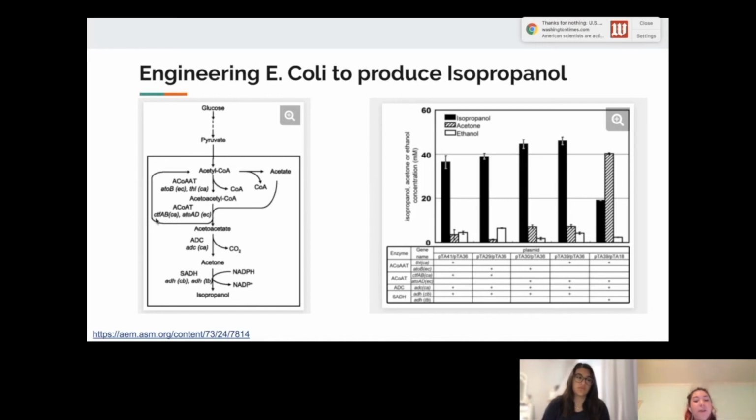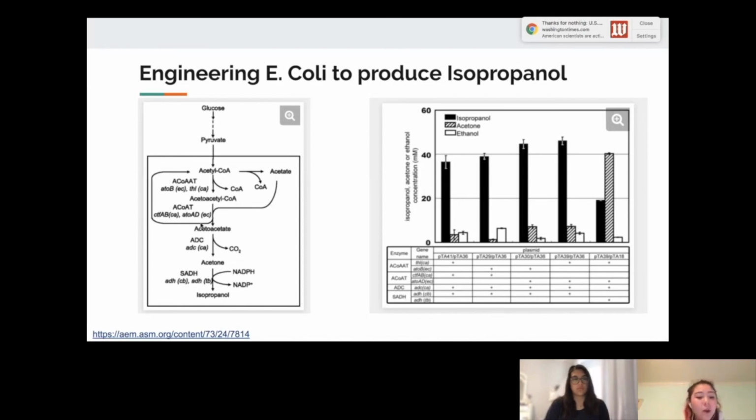After that, we have another choice. We can use the gene CTFAB, which is another one found in Clostridium A, or we can use ATOAD, which is found in E. coli. That gene helps with the process of turning acetoacetyl-CoA into acetoacetate.